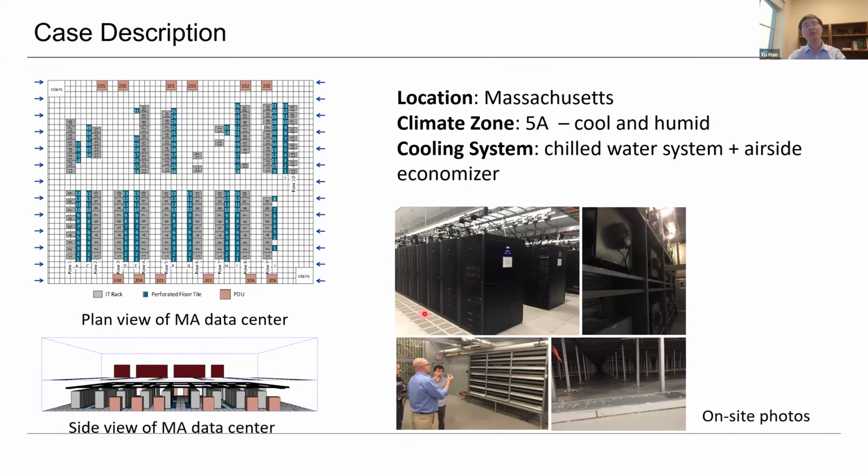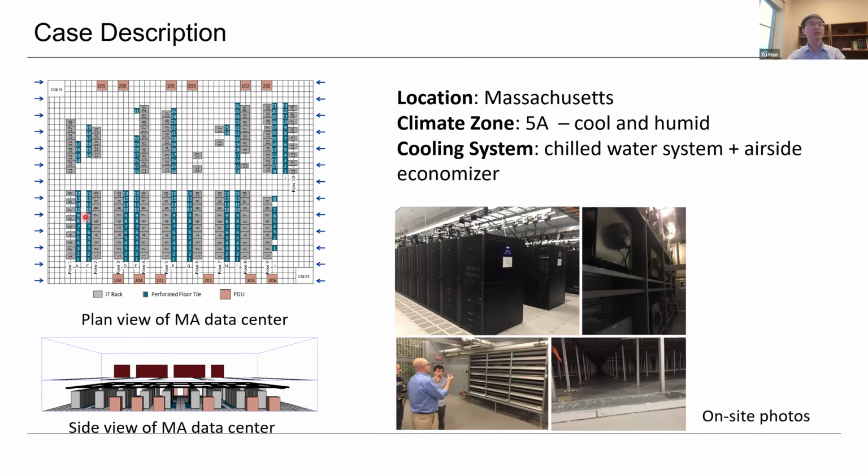The chilled air is supplied from these perforated tiles on the floor here. And then the chilled air will go through the IT racks and bring all the heat dissipation away from the IT servers and then is exhausted to the hot aisle. So you see there are multiple rows of the IT racks.